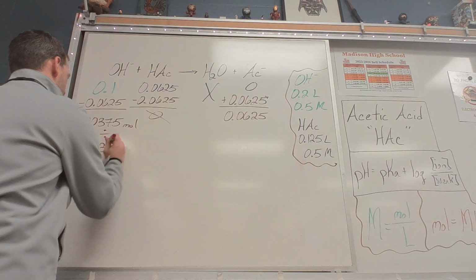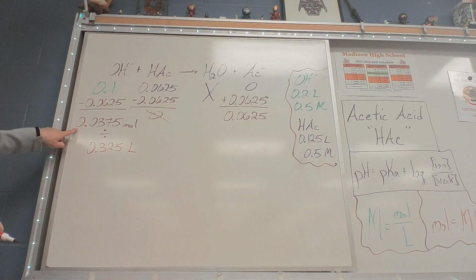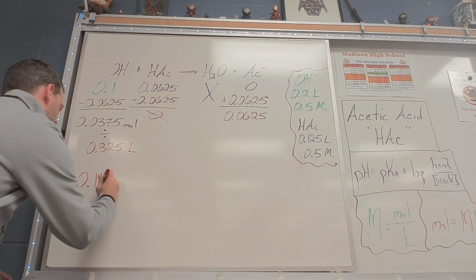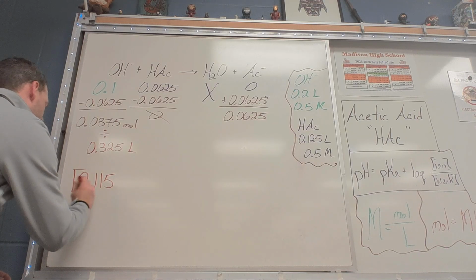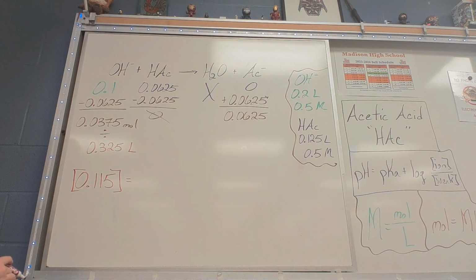That's 0.325 liters. Moles over liters, in this case, will give you a molarity of 0.115. Watch what it is, though.